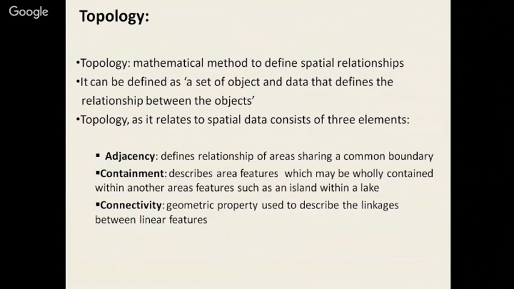Basically, topology consists of three kinds of relationship. One is adjacency, which defines the relationship of areas sharing a common boundary. It gives a relationship between two things which share a common boundary, and defines whether one is located on the right side or the left side of it.